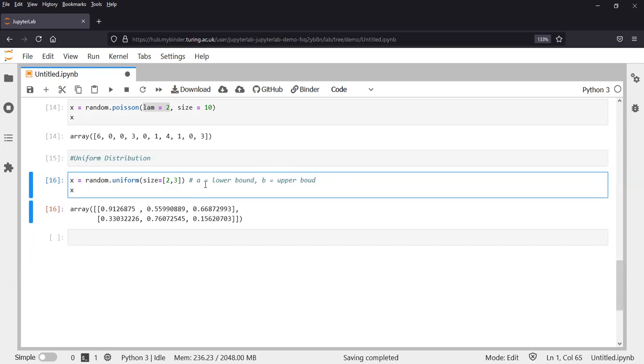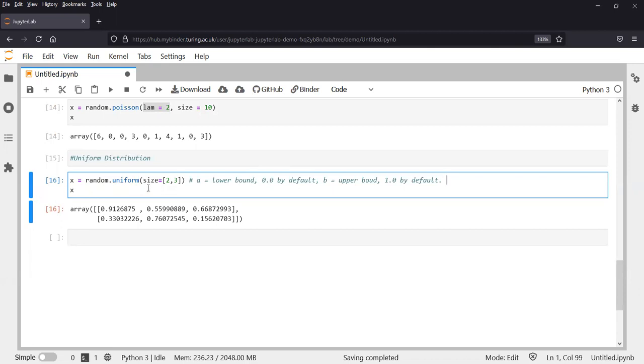If I don't mention a and b, the lower bound is 0.0 by default and the upper bound is 1.0 by default.